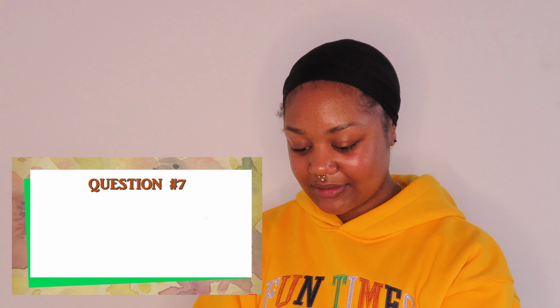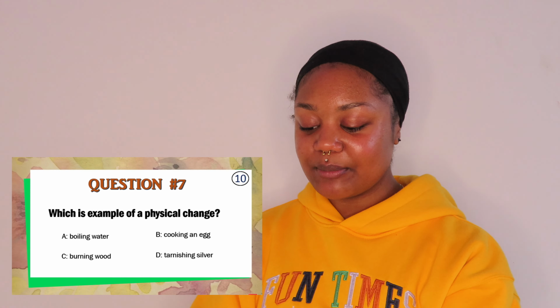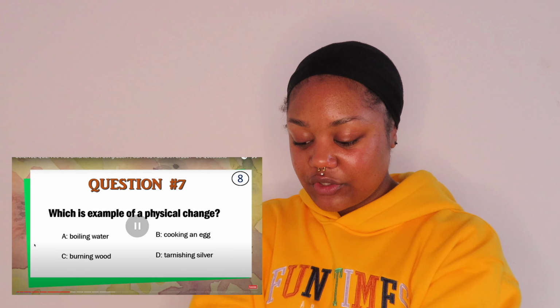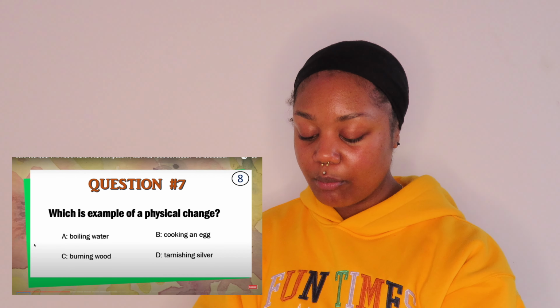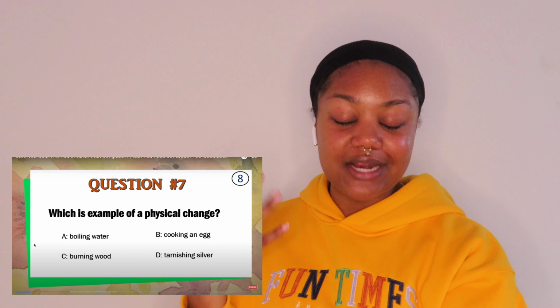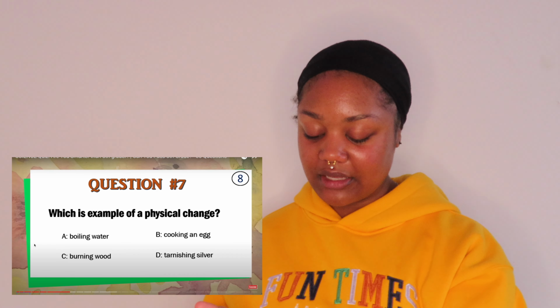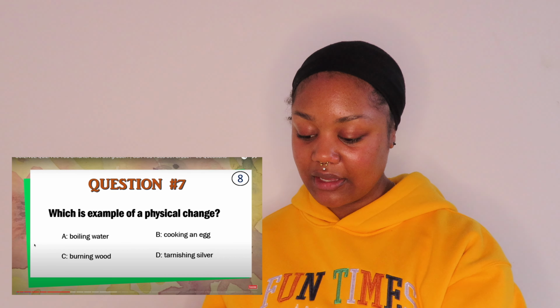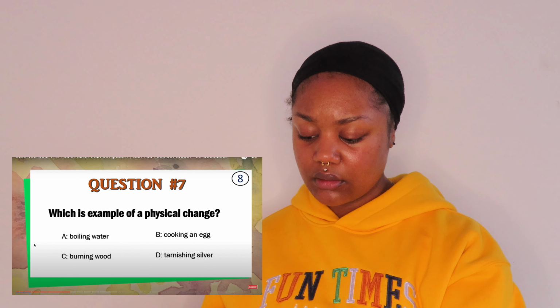Which is an example of a physical change? I know this one. Boiling water. Burning wood. No, that's burning. I know burning is chemical. So, cooking an egg. Wait.